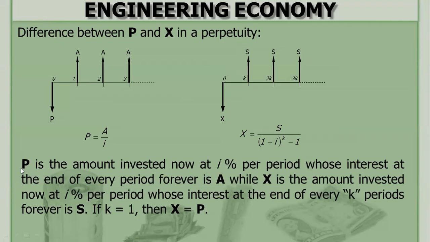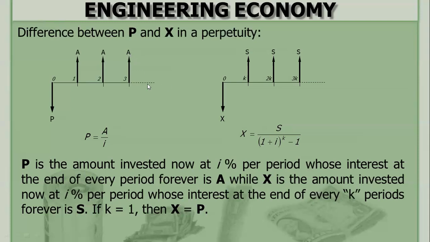The difference is P is the amount invested now at I% per period whose interest at the end of every period forever is A. So you invest P, and every period it earns interest A, forever.